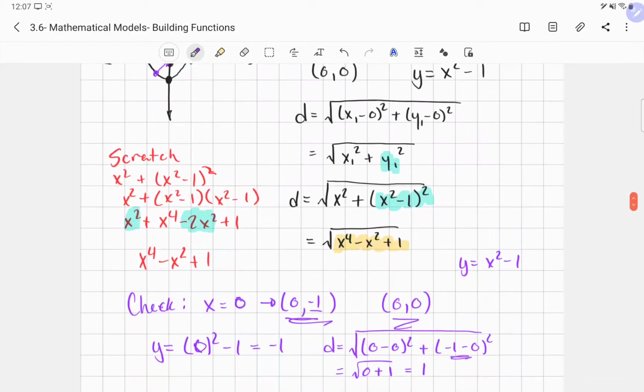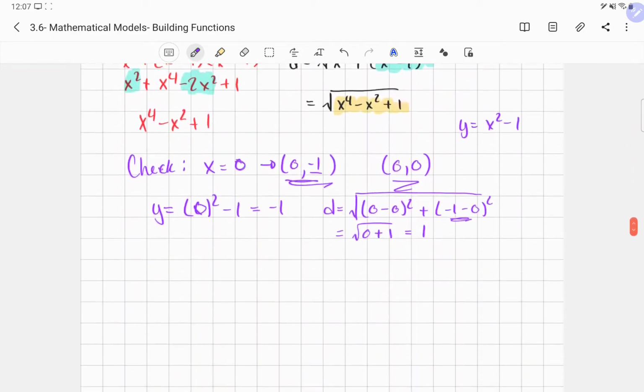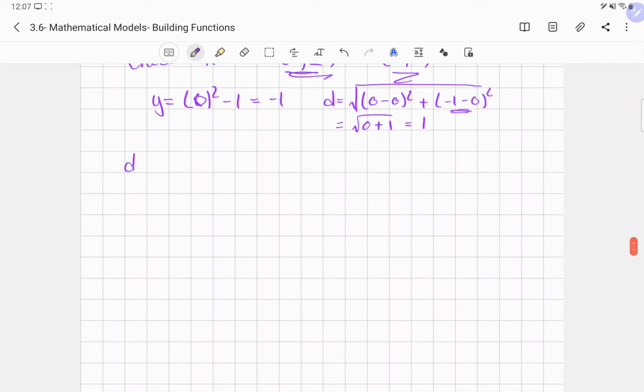Now let's check using our function. Remember, our function is this here. So we have the distance of 0 is equal to the square root of 0 squared plus 0 to the fourth power minus 0 squared plus 1.